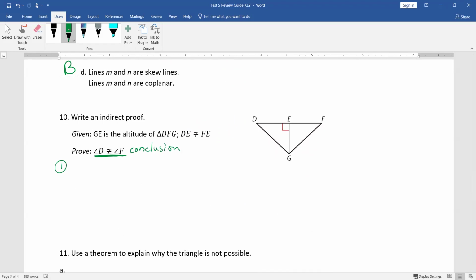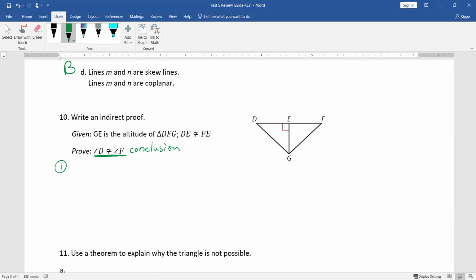While we are proving the opposite of our conclusion, we ignore our given, in the sense that we don't use it as much in our definition. However, you need to look at it to find out what you need to find an argument against. So obviously, we're going to end this with DE being congruent to FE, because that's what we're trying to prove would be true.